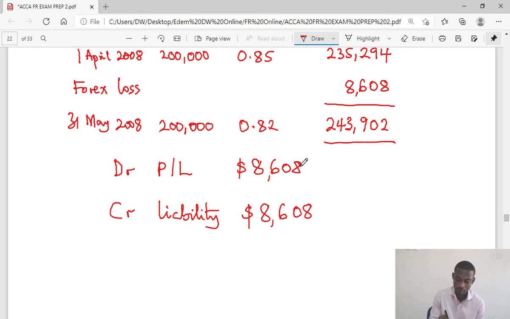So that when the payment was made, all we needed to do was to debit the payable.